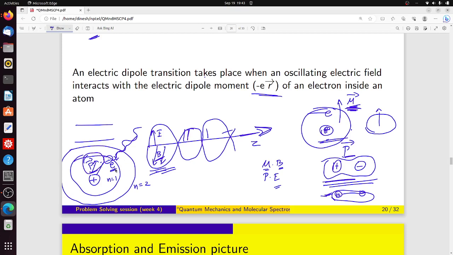Let's say this electron will jump to this state. Then r will change, so momentum will change, because it will absorb this energy. This is called electric dipole transition, right?